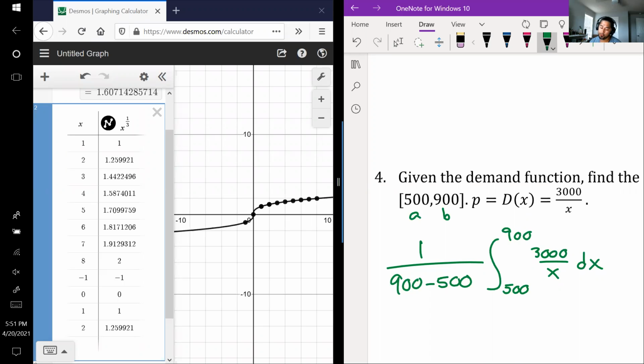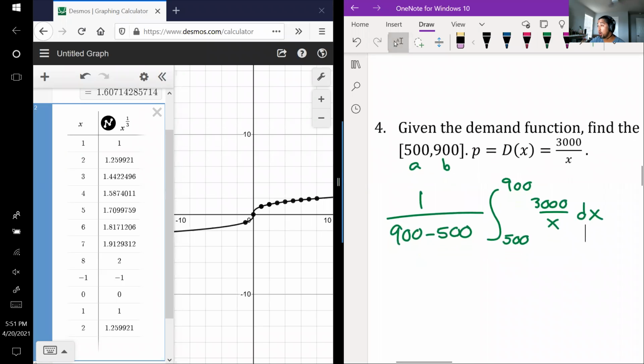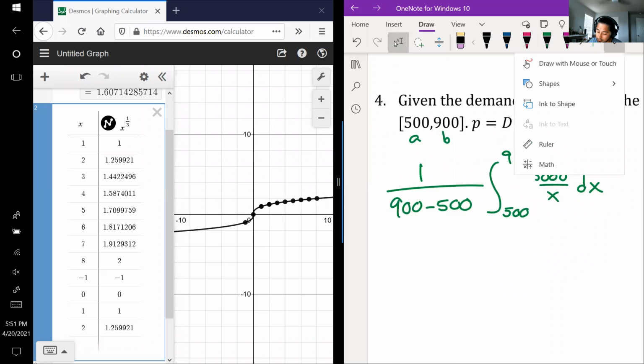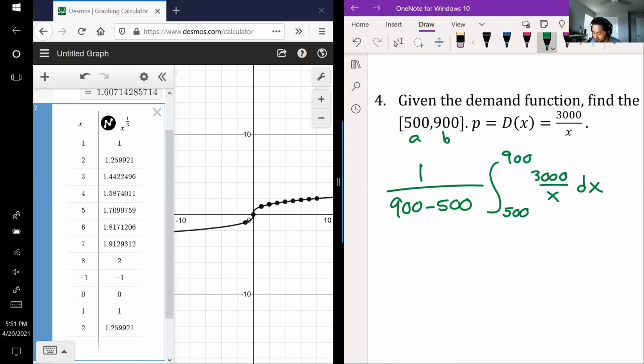Okay, so for this problem, we're actually going to clean up the integral a bit before moving on, because I know there's a problem like this on your homework where it wants you to actually set up the integral. So let's go ahead and do that before we find the antiderivative.